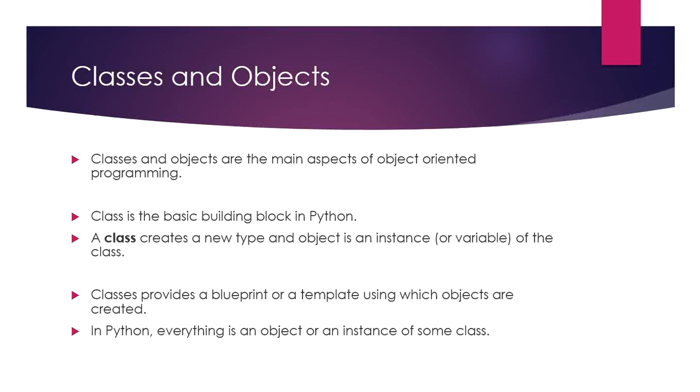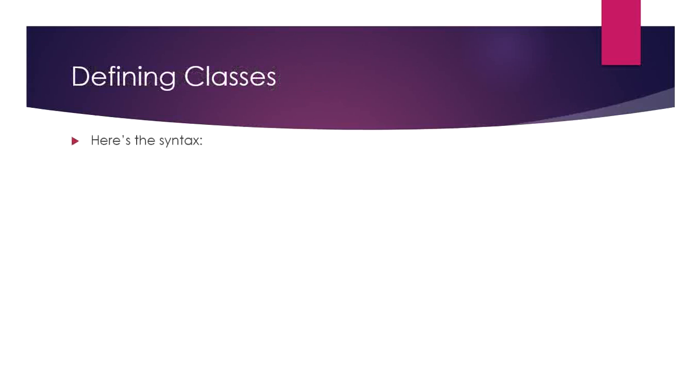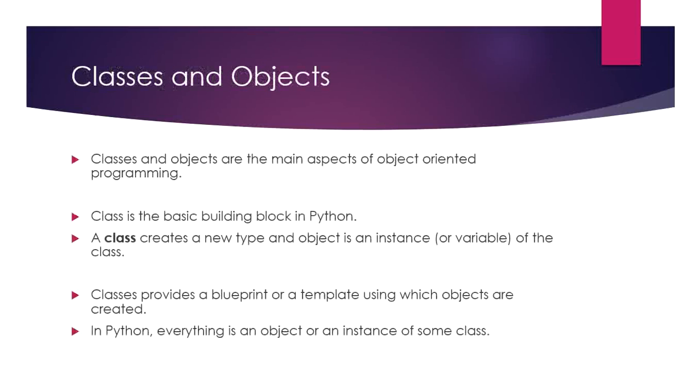In Python, everything is an object, an instance of some class. What do I mean by it being an instance of some class? When you were studying data types, if I have a list and I ask you to check the type of the variable in which you have stored the list, as an output you're going to get class list.